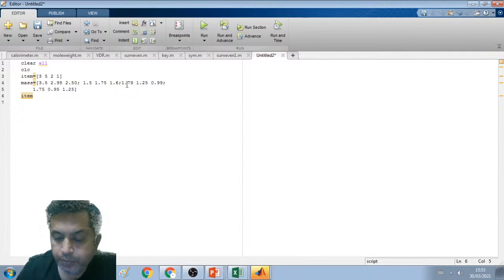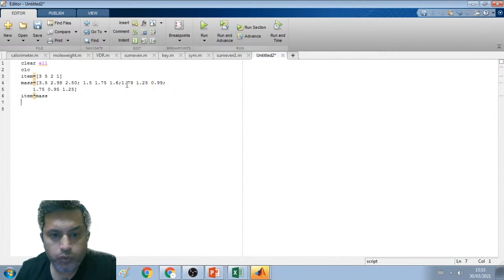Item star mass. Okay. Item star mass. So this much is the value.